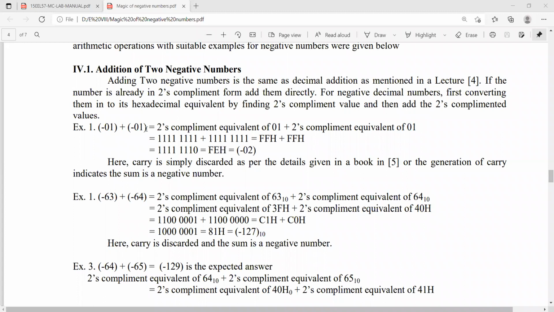How can we add the two negative numbers? So minus 1 is FF, minus 1 is again FF, therefore you can add these two numbers. Here you can add like this, we get FE, that is minus 2. So minus 1 plus minus 1 is minus 2.